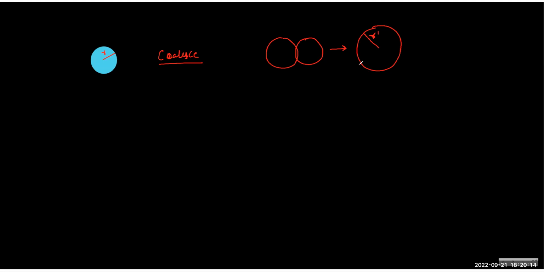So what they are saying is that the raindrop accumulates moisture, which means the drop grows at a rate proportional to its surface area. So when you accumulate the droplets, you increase the volume, right? Eventually you will have a bigger volume.